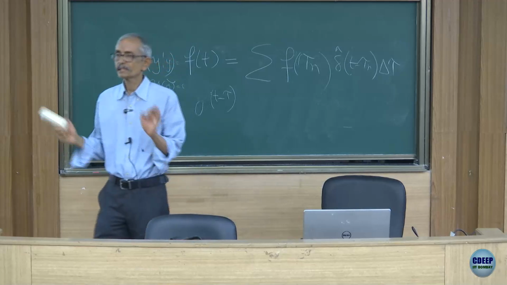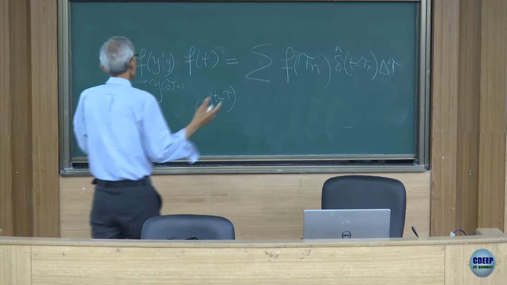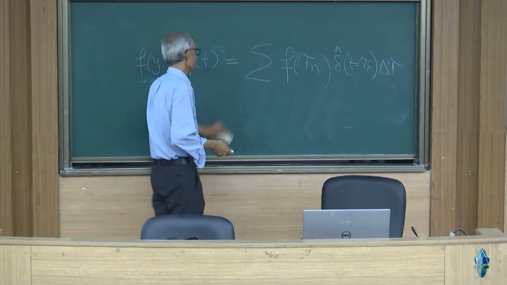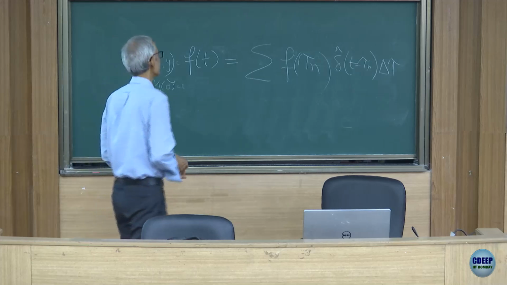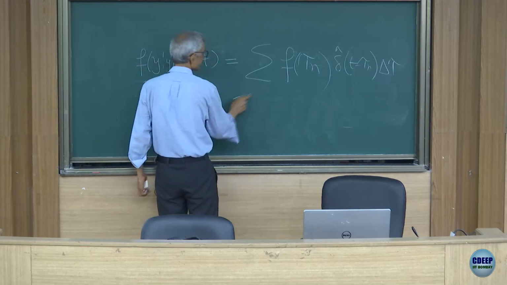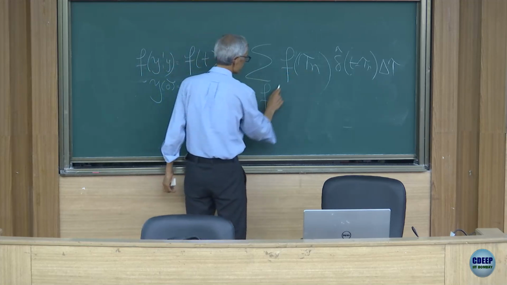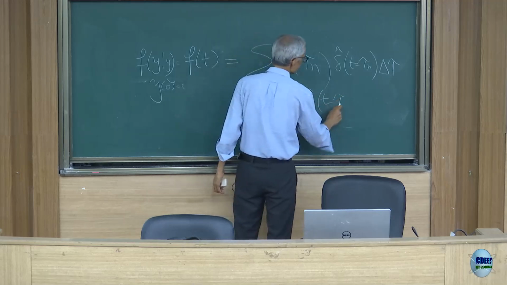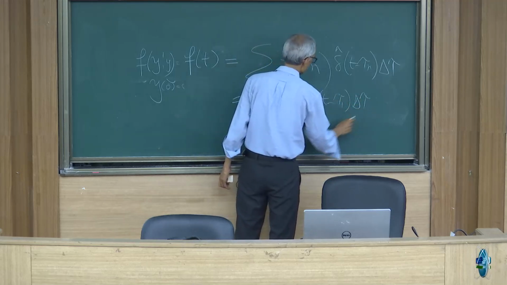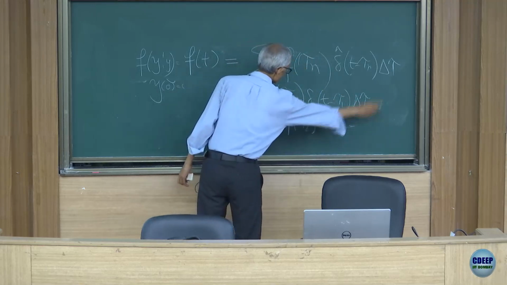Okay. But what we have also learned in the past, which is very, very nice about these linear functions, is that if I've got a right hand side, now I'm going to just open this guy up and say that this is f of tau 1 delta t minus tau 1 delta tau plus f of tau 2 dot dot dot.